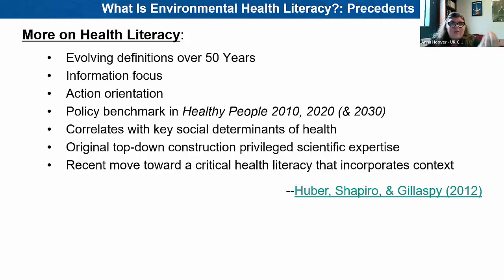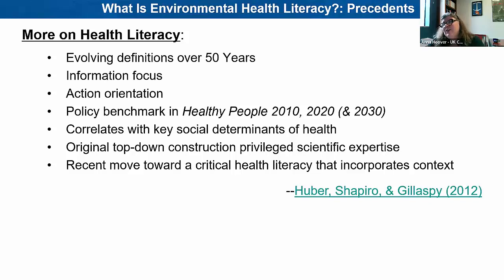Again, health literacy has been incorporated in Healthy People as policy benchmarks for the last 3 iterations. We know that health literacy correlates with key social determinants of health, such as, obviously, education, right?